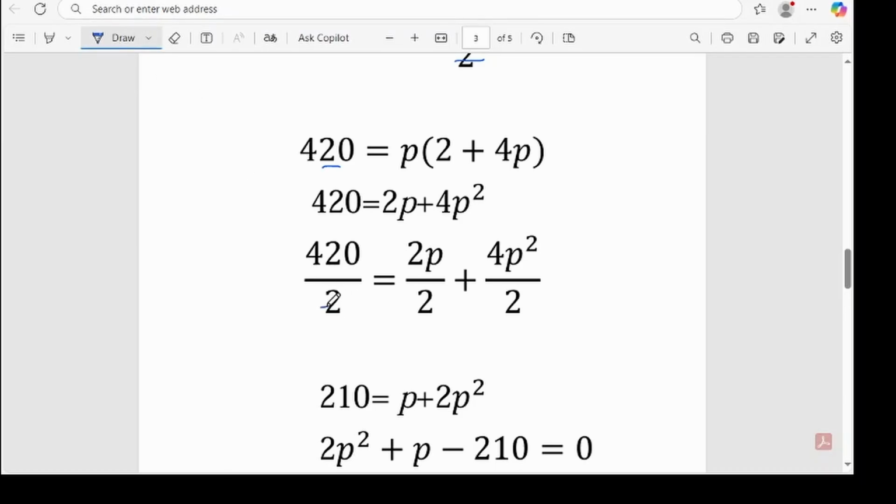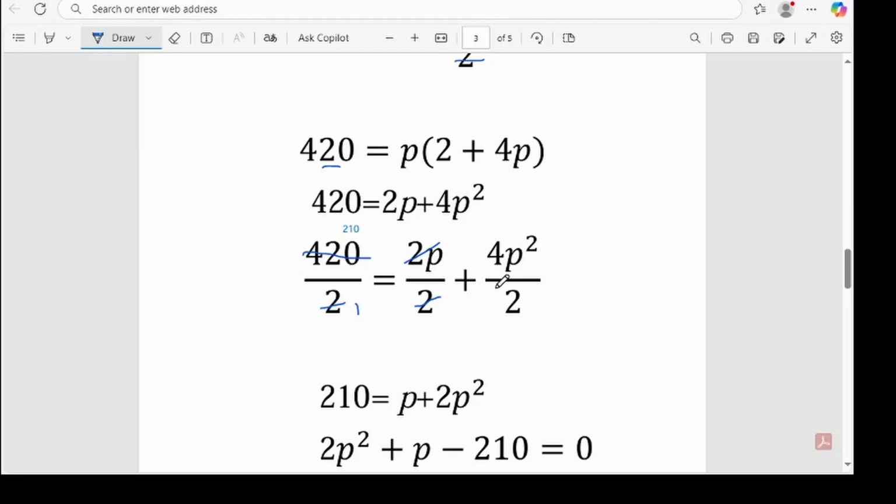2 will cancel into 420, 210 times. Similarly, 2 would cancel itself once in 2p, leaving p alone here.